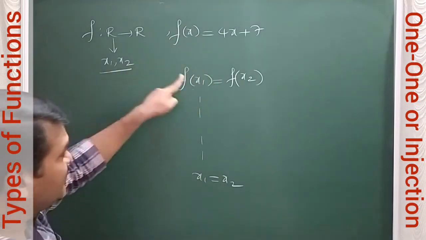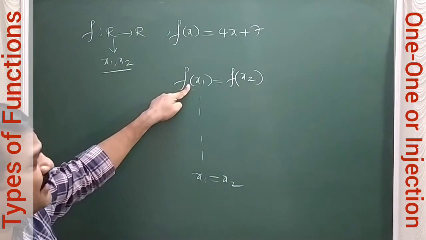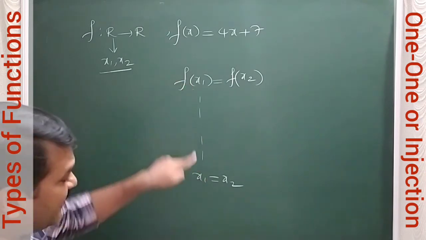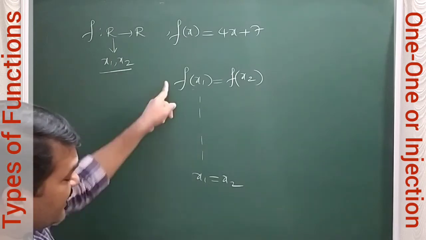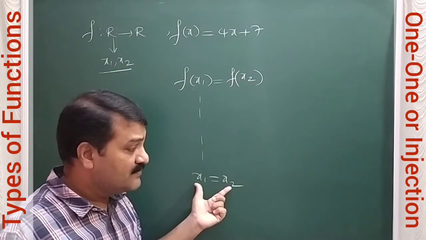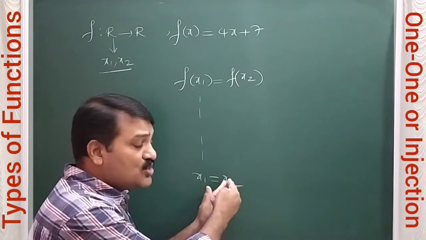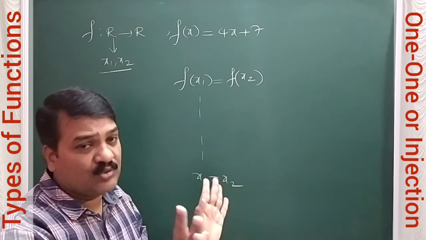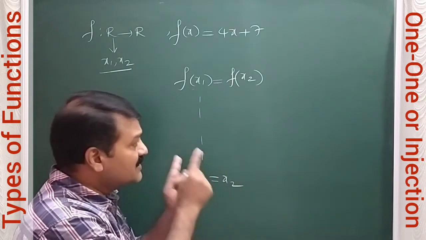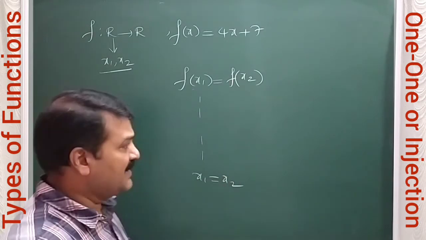So you start by this step and simplify. Finally, if you get x1 equal to x2, it is 1-1. This should be the only condition you get. Besides this condition, you should not get any other conditions. Then the function will be 1-1.